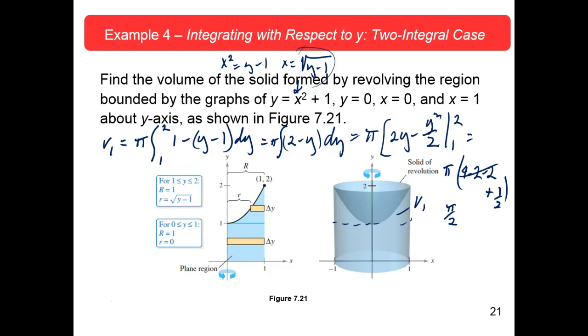Yeah. Let's do the area of the bottom, which is pi r squared, where r is 1. So pi times 1. This is pi, isn't it? Okay. So that's half a pi plus a pi. Oh, that doesn't seem right, is it? It's 3/2 pi.